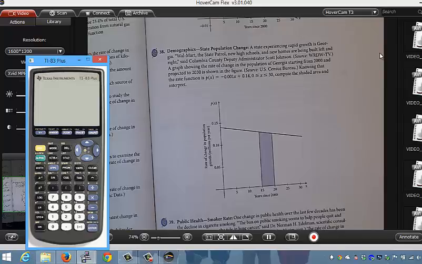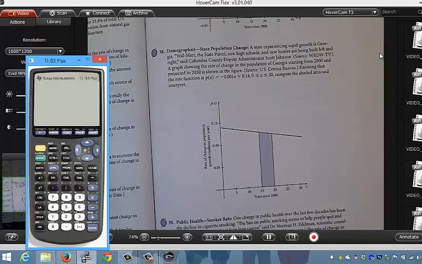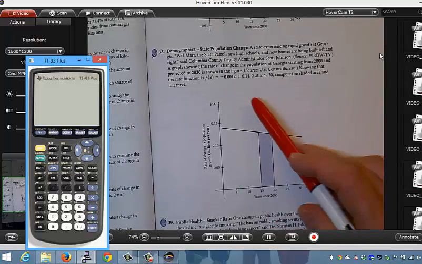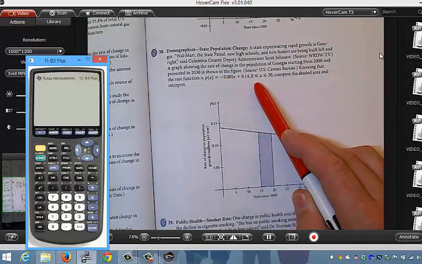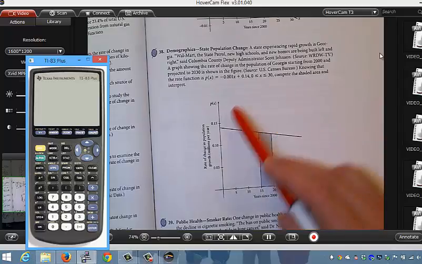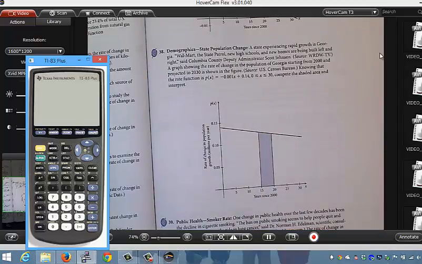So it says here, knowing that the rate function is this, compute the shaded area and interpret. Now, how do they know that's the rate function? Do you guys have any thoughts about that?